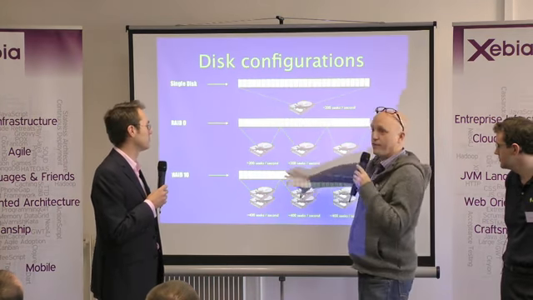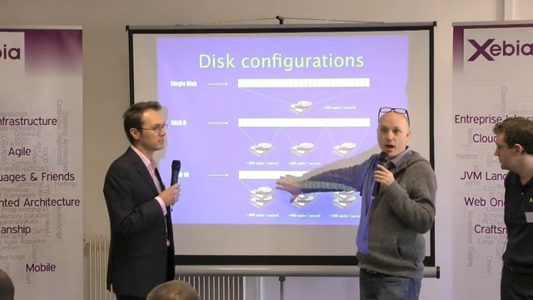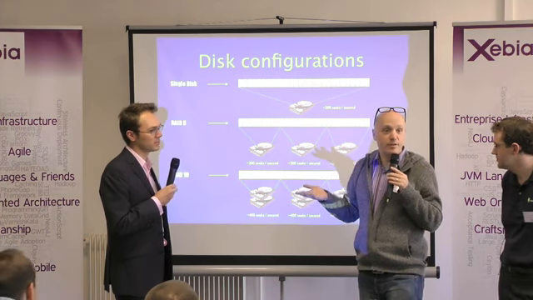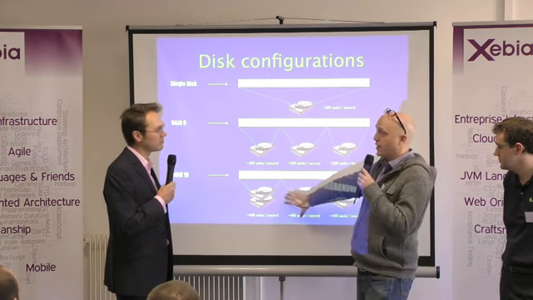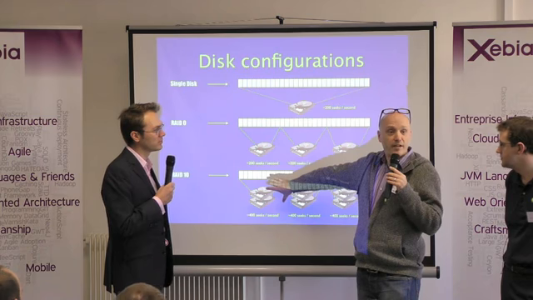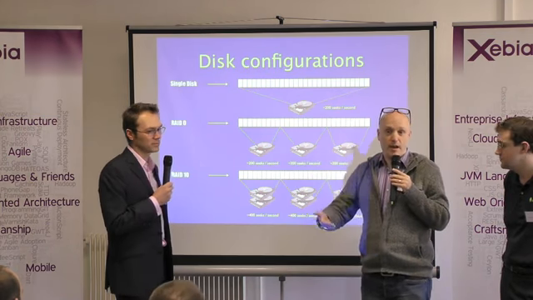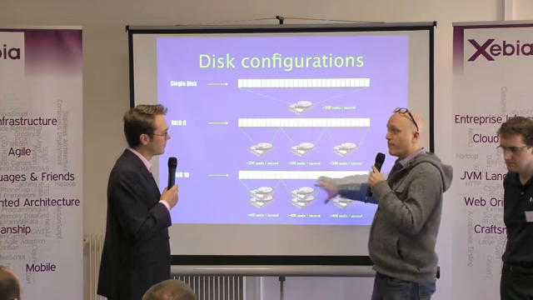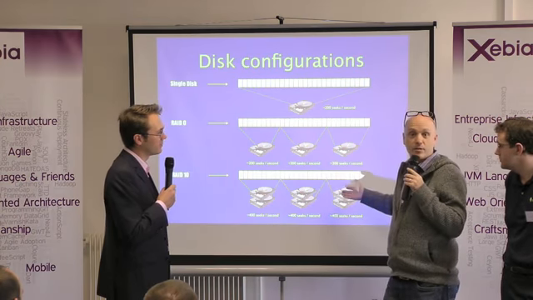If you think you've got very unreliable disks, for example, you're using a hosting provider like Amazon and you're using EBS drives, they have a very different performance characteristic than a physical drive on your chassis. So you'd probably want to have more drives if you're using a cloud solution.